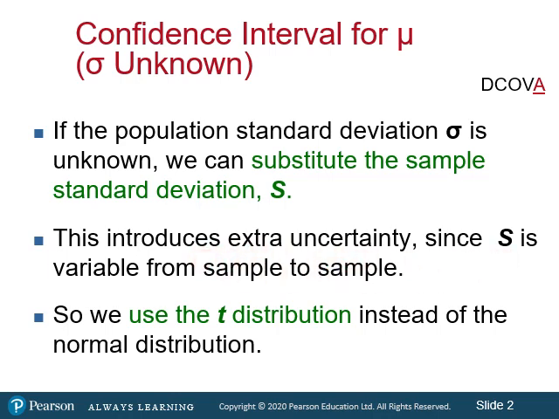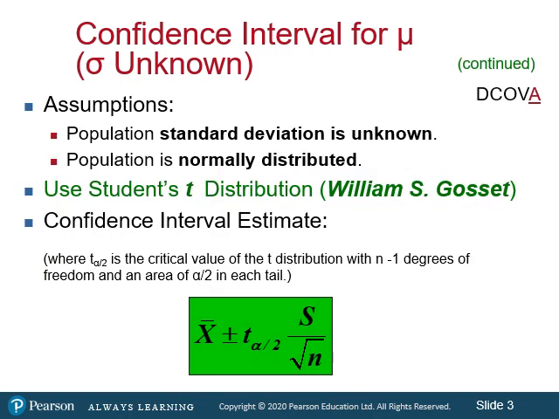So what we can do is use a distribution called the T distribution instead of the normal distribution. To use this distribution, the assumption is population standard deviation is unknown, the population is normally distributed, and we will use this student's T distribution.